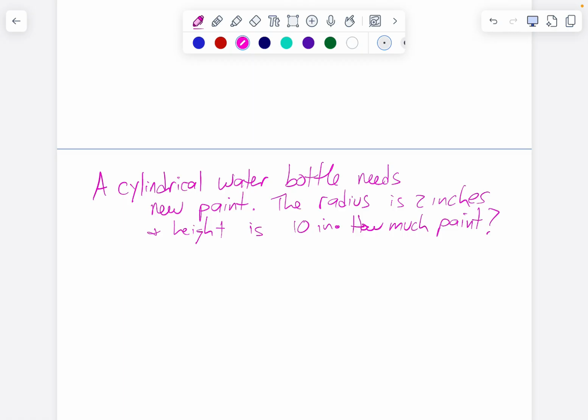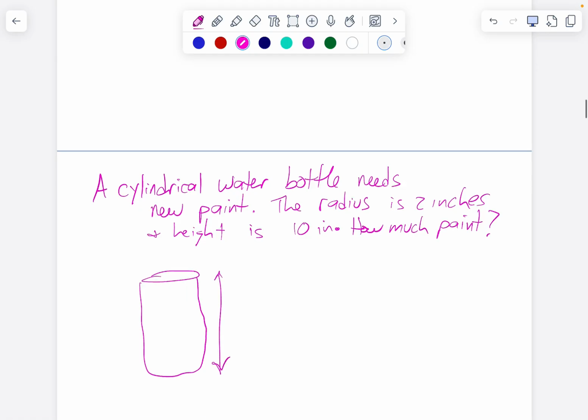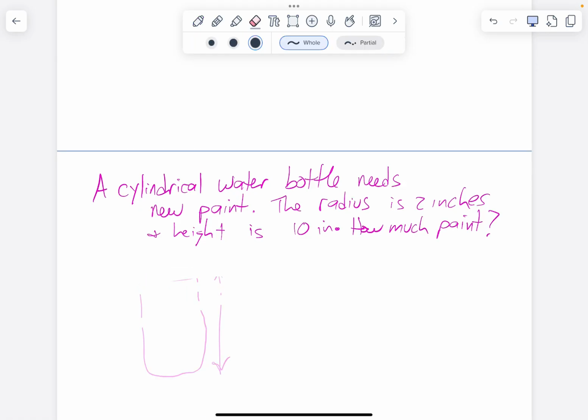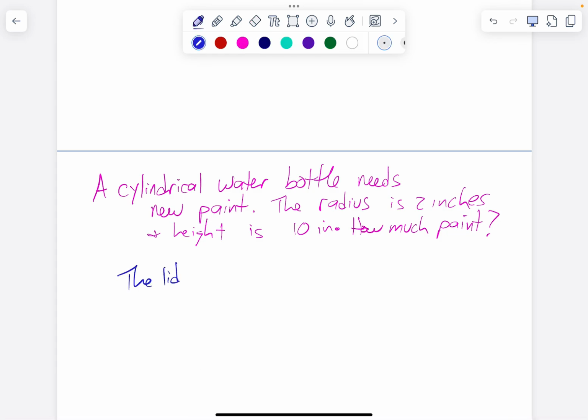Because it doesn't really have paint. All right. The lid is not painted.